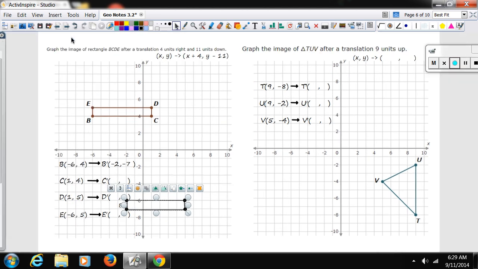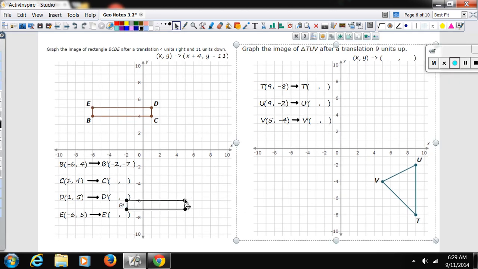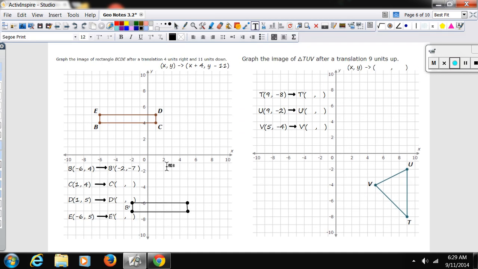Okay, so you could see that this point right here, where let's say D is, D prime should be the point 5, negative 6. Let's use our rule and see if that worked. If we take x and add 4 to it, it is going to give us 5. So that's correct there. If we take 5 and subtract 11, you are going to get negative 6.